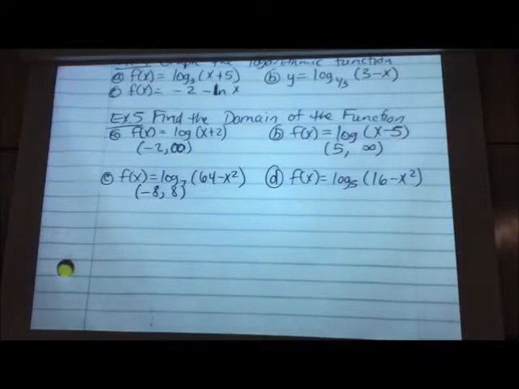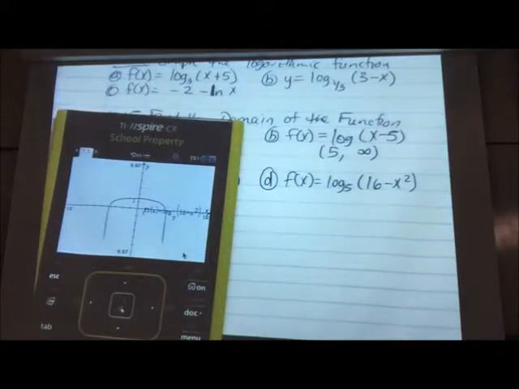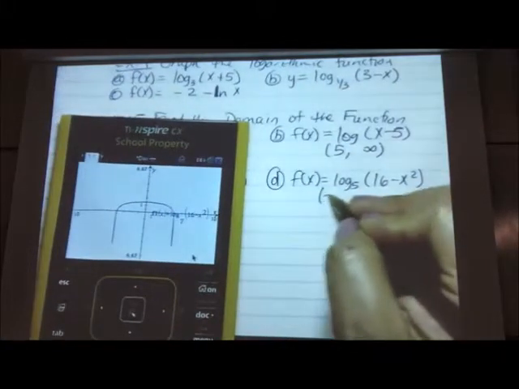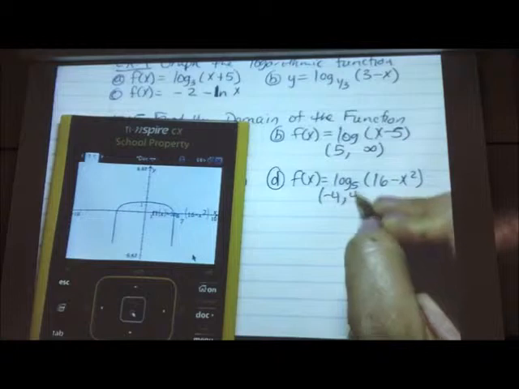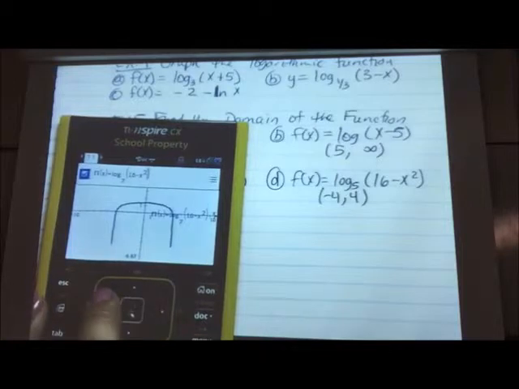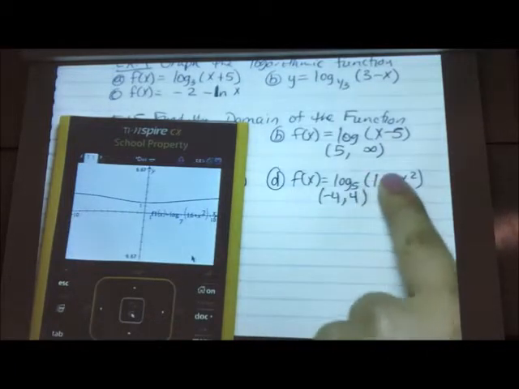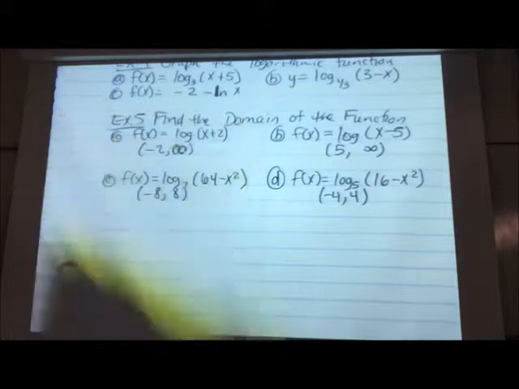Does it go from negative 4 to positive 4? Yes. So the base has nothing to do with that? Nope, the base does not affect it. What if it's a plus x squared? It would look completely different, but the one on your assignment is with a minus x squared. Okay?